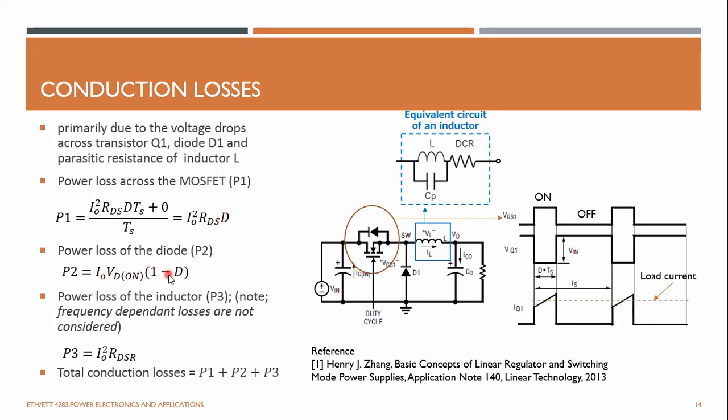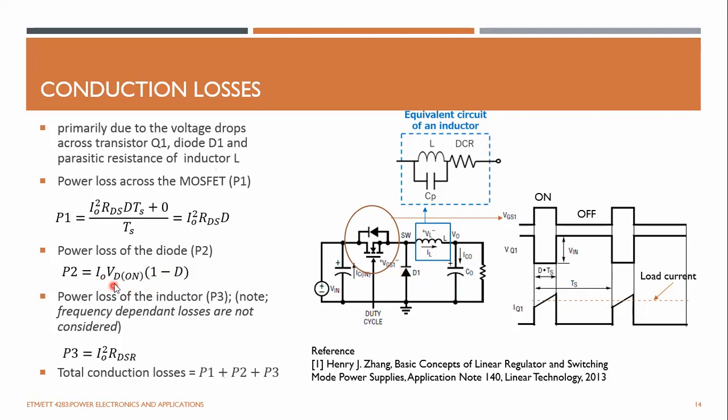And the power loss of the diode is simply output current into turn-on voltage drop across the diode into the time period, which is 1 minus D, because in this period, (1 minus D) into Ts, the diode will conduct.